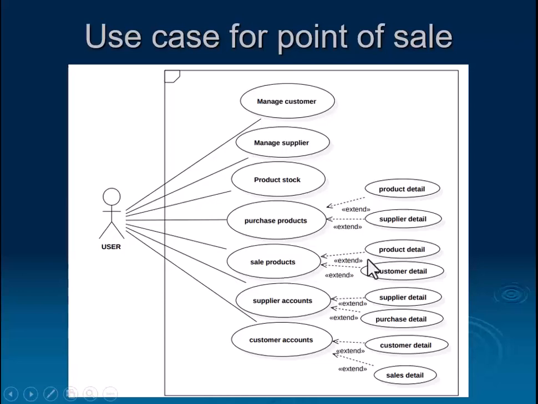Similarly, for sale products, we need a product detail and customer detail. For supplier accounts, we need the supplier detail and purchase detail, because supplier accounts contain the debit and credit information, and the credit directly goes to the supplier, but the debits come from the purchasing bills. Similarly, for customer account, we need the customer detail and the sales detail.